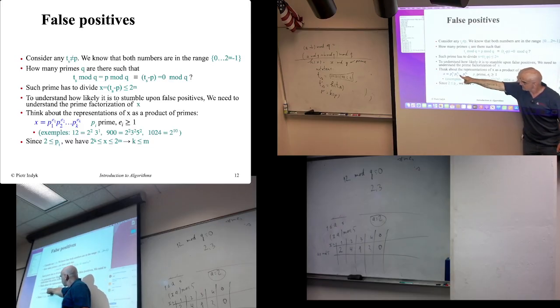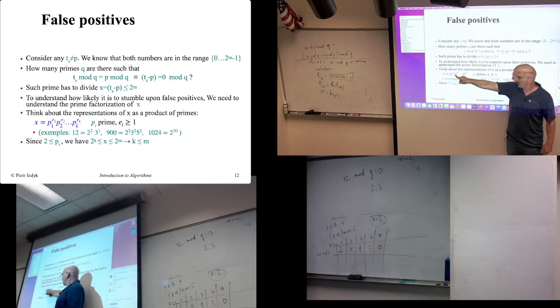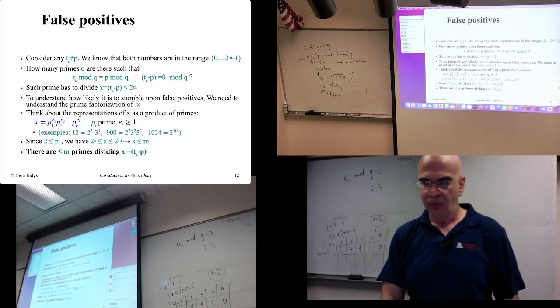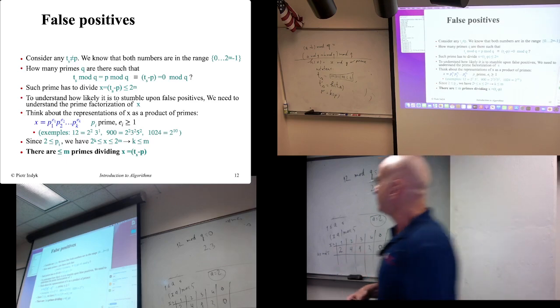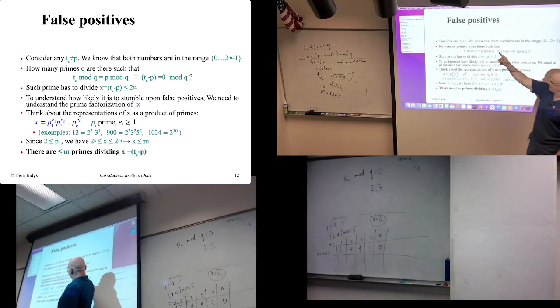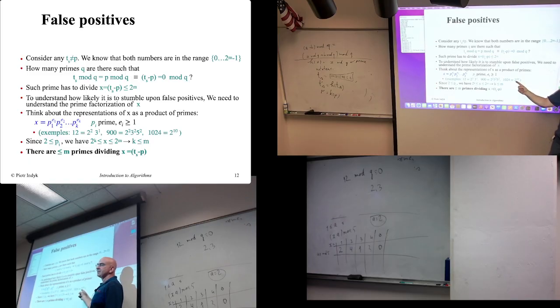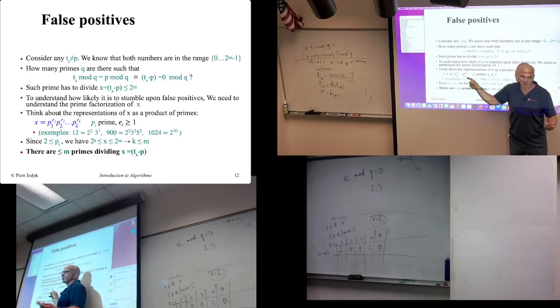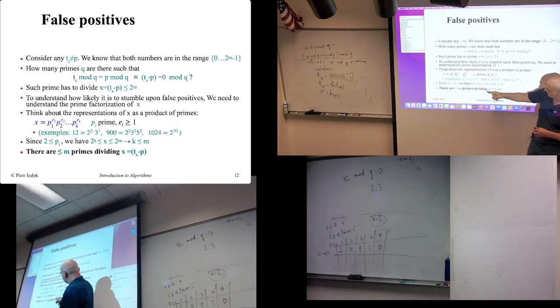Now, I write X in this way. Each p_i is either 2 or larger than 2. It's 2 to the power of something. If it appears more than once, better for me. But if X is 1024, it just means there is only one prime that divides this number. So if I pick Q at random, it's even less likely that it happens to be 2. The more primes that participate in this decomposition, the more likely it is for me to pick, by mistake, a wrong one, which will cause the modulo to be 0, which will cause a false positive.